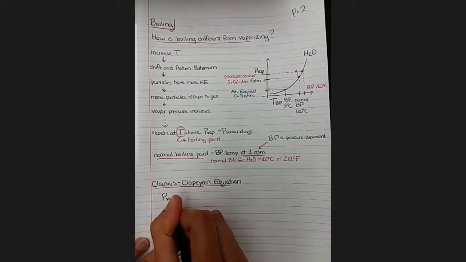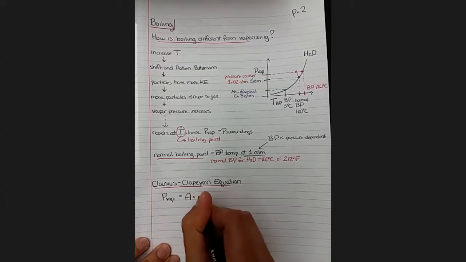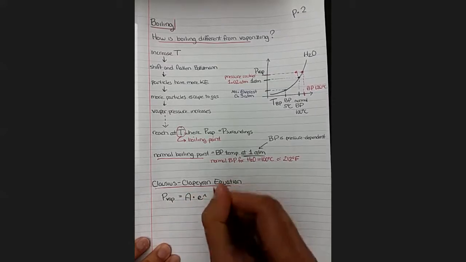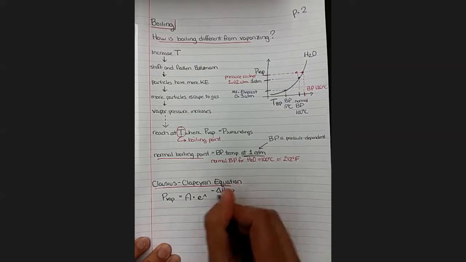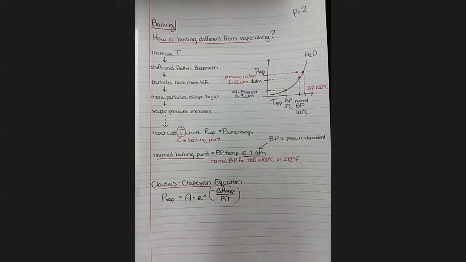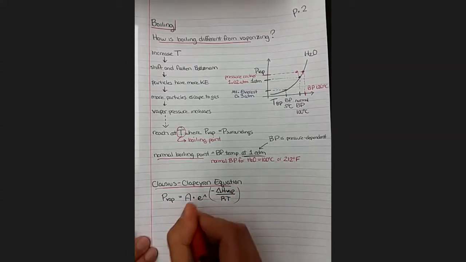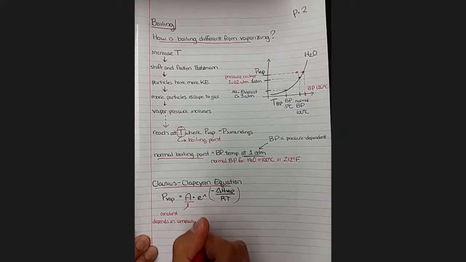And the equation is the vapor pressure equals A times an exponential term, negative enthalpy of vaporization over R times T. So A is a constant, and it depends on the compound. You can look this up in a reference table.